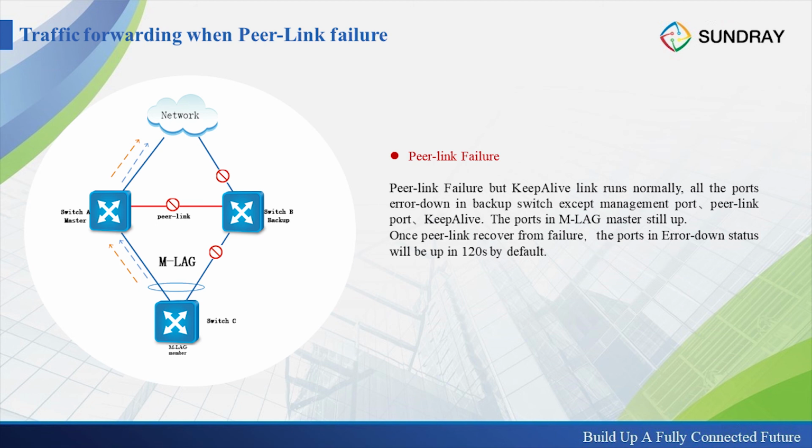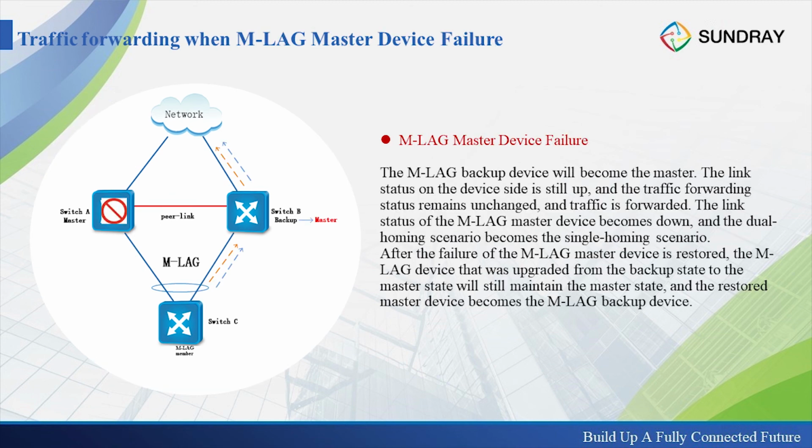For the traffic forwarding when the MLAG master device fails, the backup device will become the master. The link status on the device side is still up, and the traffic forwarding status remains unchanged.